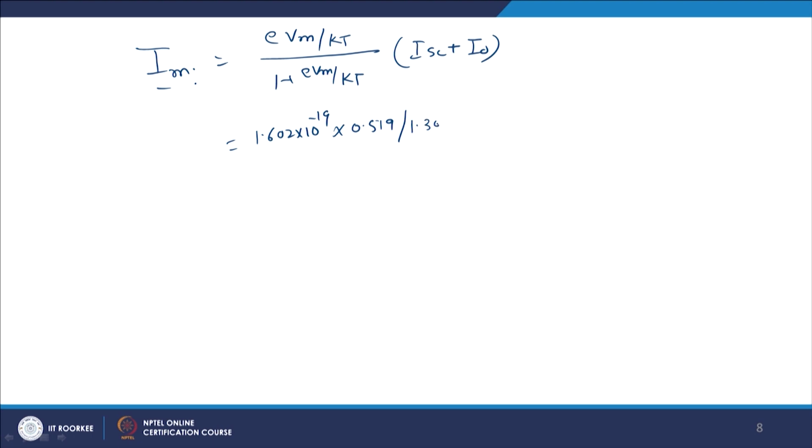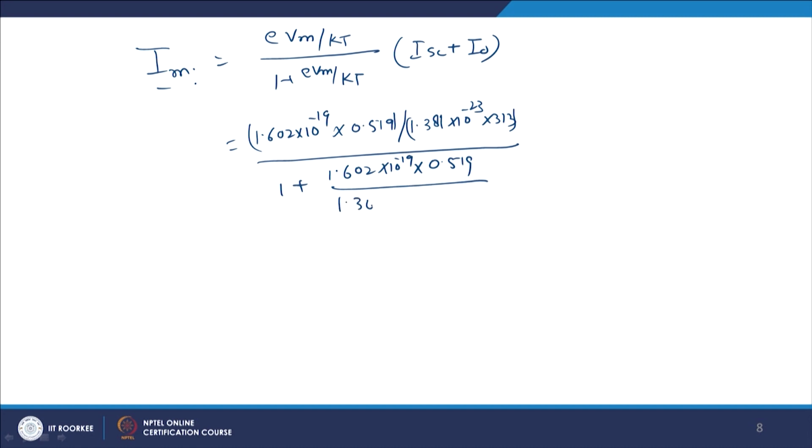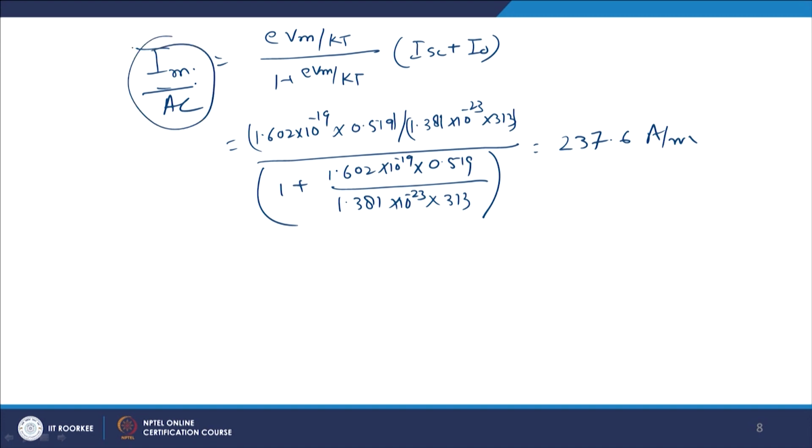K is 1.381 into 10 to power minus 23, into 313, divided by 1 plus again 1.602 into 10 to power minus 19 into 0.519 divided by 1.381 into 10 to power minus 23, and T is 313. This will give the final expression as 237.6 amperes per meter square. This is Im by AC actually, not Im.